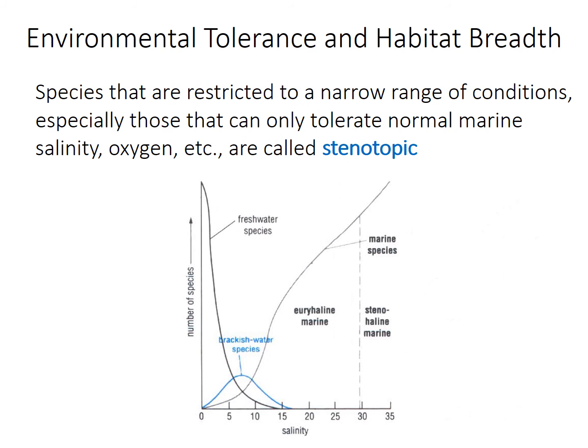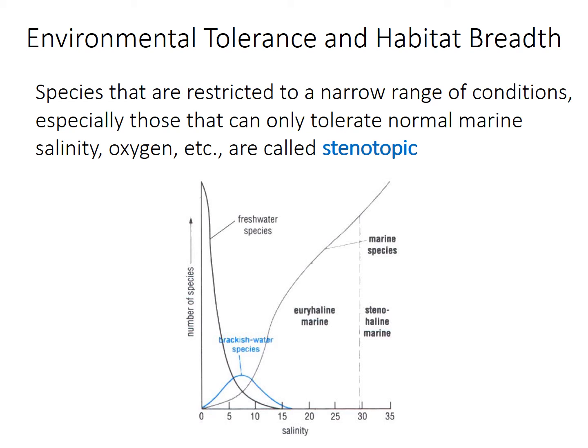The opposite, an organism that can only tolerate a narrow range of salinity levels, or oxygen concentrations, or whatever condition, is given the term stenotopic. So eurytopic means that they can tolerate a broad range of whatever condition, and stenotopic means that they are restricted to a fairly narrow range of conditions.